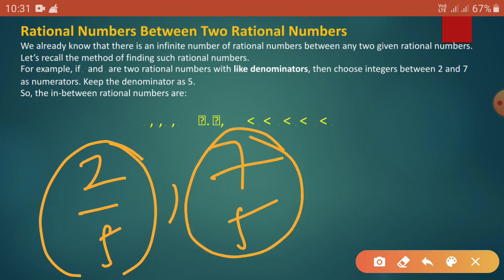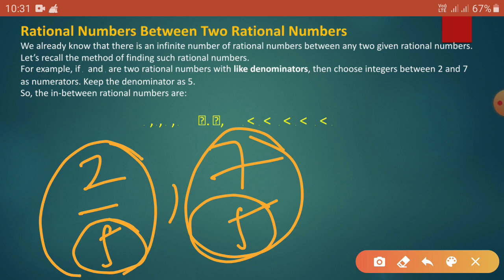Like denominators means the denominators of both rational numbers are the same. Here it is 2 by 5 and 7 by 5. The lower part, the denominator, is the same for both rational numbers, so it is known as like denominators.